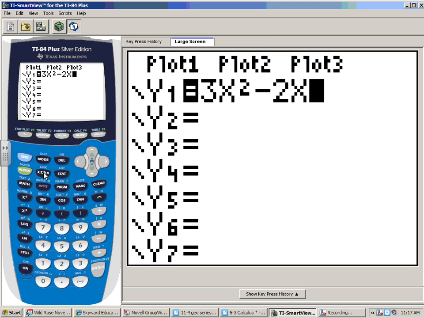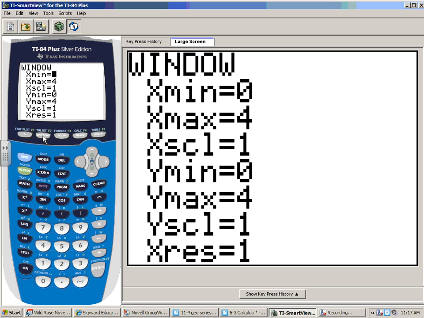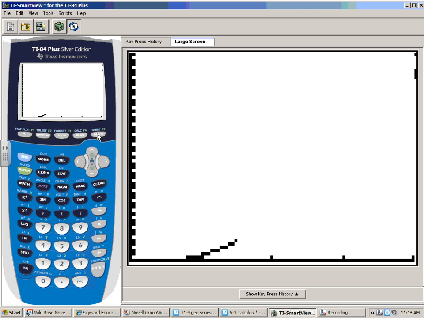What's probably a better window for this particular one? Yeah, maybe 0 to 4, or even 1 to 4 if you wanted to, but I think 0 to 4. There you go, 0 to 4. I don't think my y is going to be very good. Probably 0 to, well, based on what I see there, why don't we go 0 to 40, seeing that's the axes I gave you. And let's take a look at what happens.